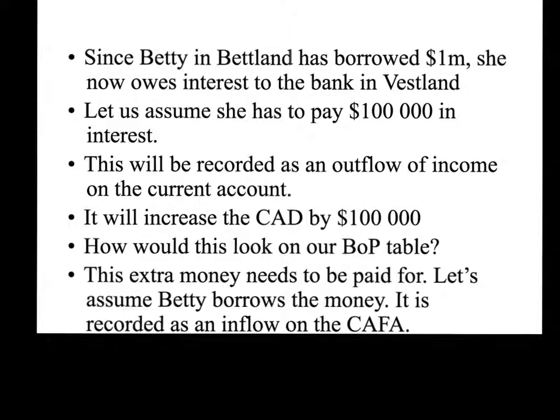So, since Betty has borrowed $1 million, she now actually owes interest to the bank in Westland that she borrowed the money from. So let's assume that she pays, say, 10% interest, $100,000 in interest. That's an income flow. So this will be recorded as an outflow of income in the current account.